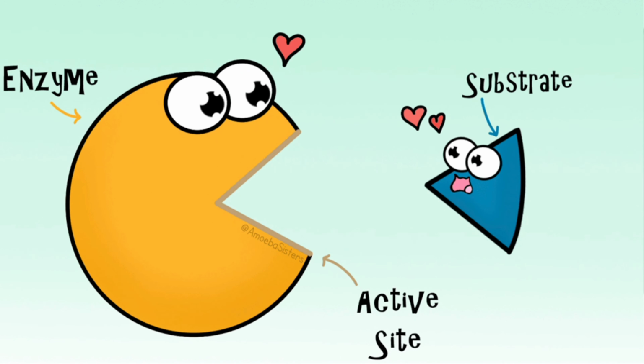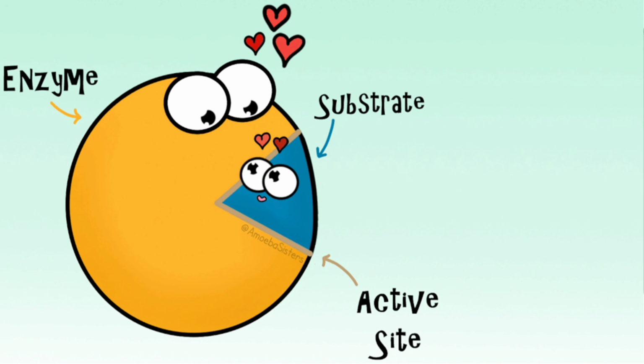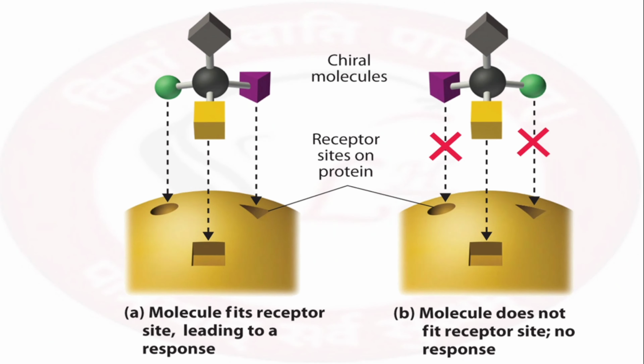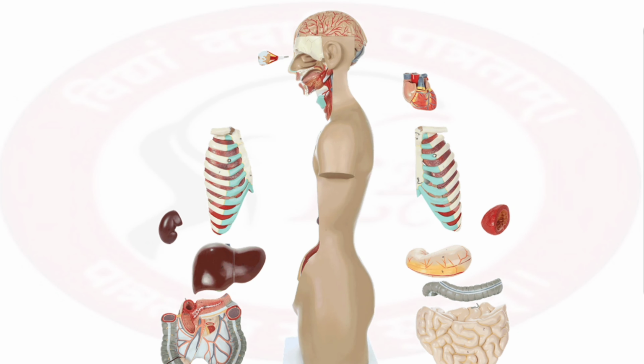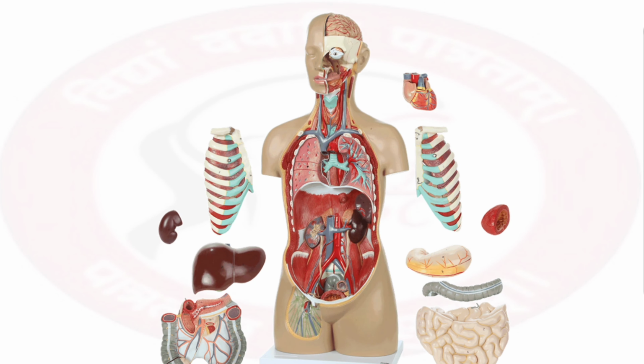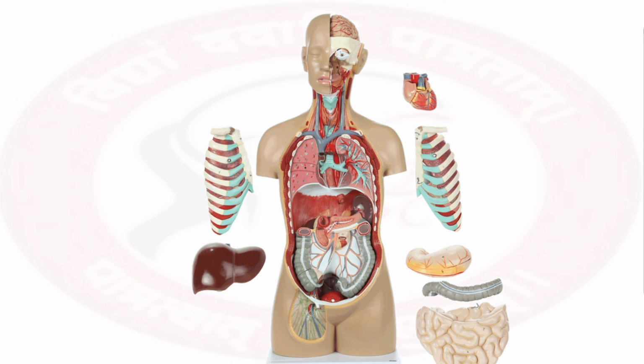The enantiomers of the chiral drug differs in their interactions with enzymes, proteins, receptors and other chiral molecules, and as you all know, our body is highly stereospecific in nature.